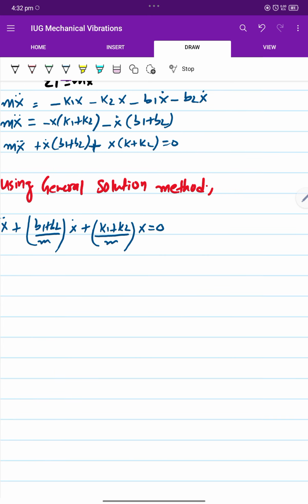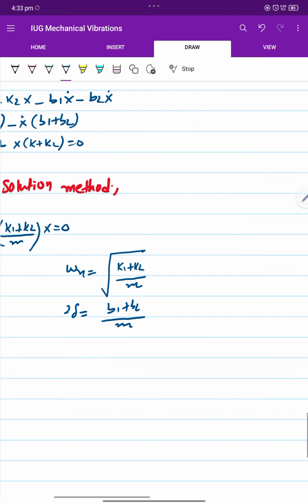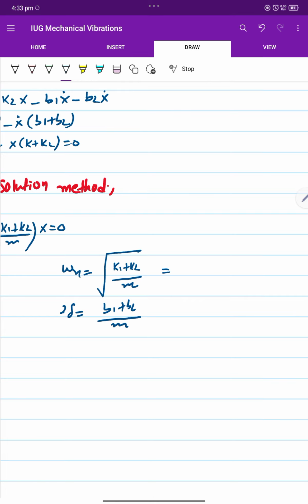So from here we know that the natural frequency would be equal to the square root of (k1 plus k2) over m, and twice the damping coefficient would be equal to (b1 plus b2) divided by m. So from here we can find the values of the natural frequency and the damping coefficient.